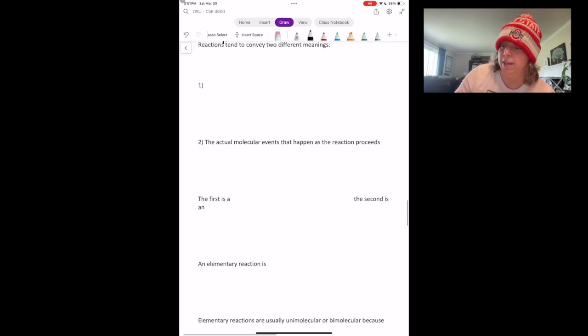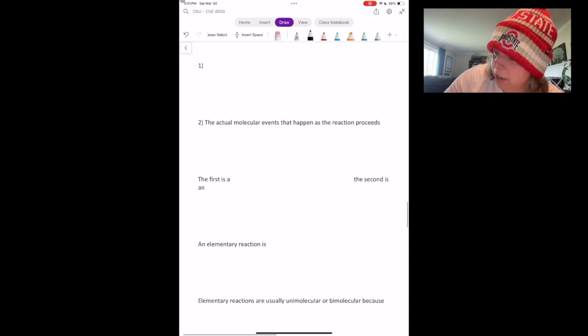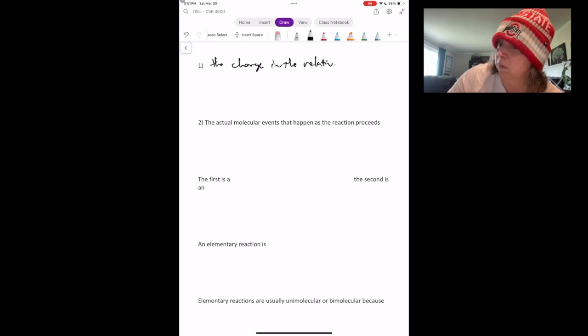So we'll say the change in the relative amounts of species that is observed when a reaction proceeds.